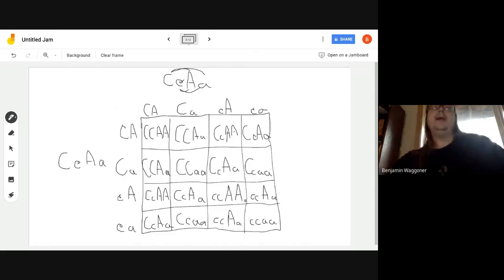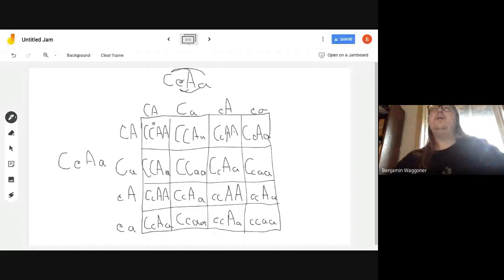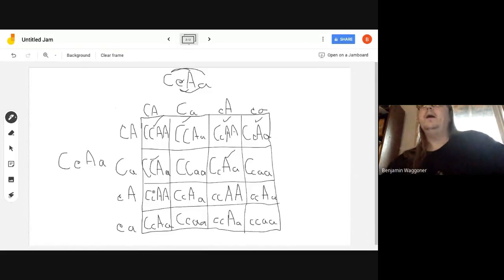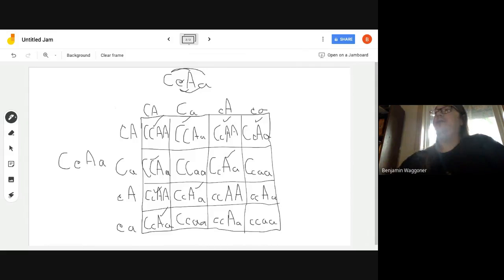So if you do the count, we have 1, 2, 3, 4, 5, 6, 7, 8, 9 that are agouti. So 9 out of 16 of the mice that you cross will have agouti fur.